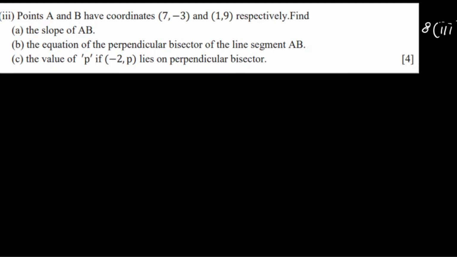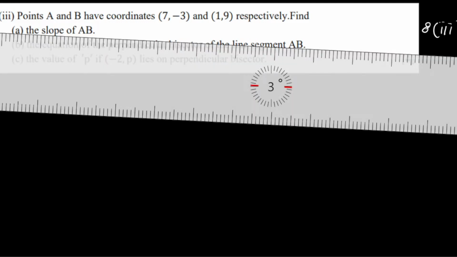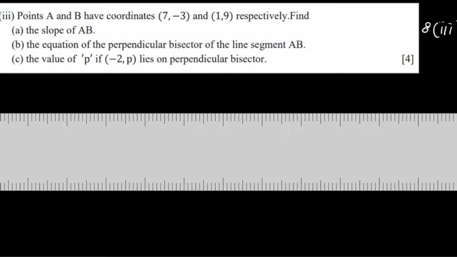So what's given to us? Points A and B have coordinates. If possible, we can draw the line segment also. Coordinates of A and B are given to us. We have to find the slope of AB.